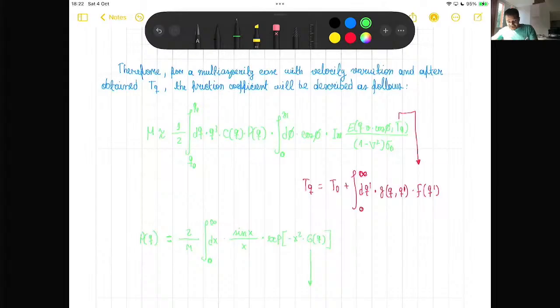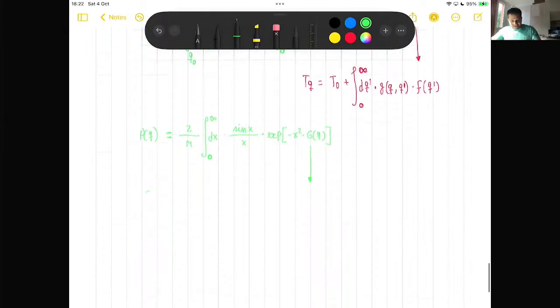This g is again updated: g in function of q is equal to 1 divided by 8 times the integral from q0 to q of the derivative of q with the wave vector to the power of 3, the power spectral density, times the integral from 0 to 2 pi of d phi, which is the angle, times the modulus of the quotient between the elastic modulus and 1 minus the Poisson ratio squared, times the normal stress.